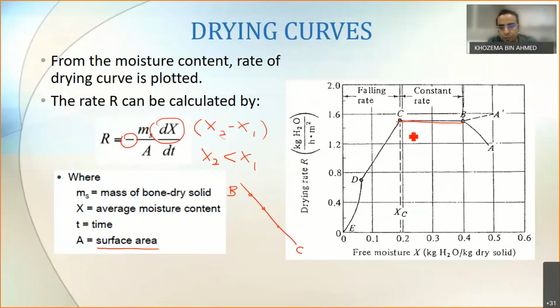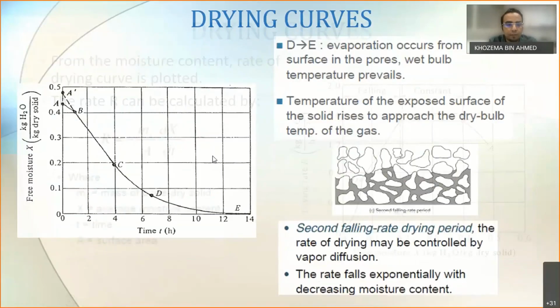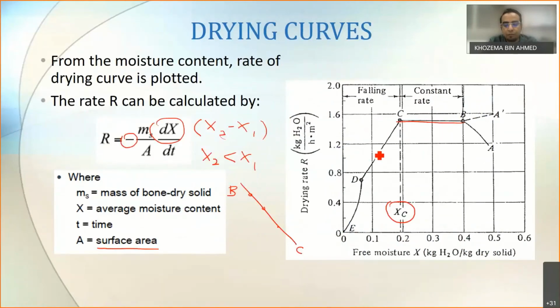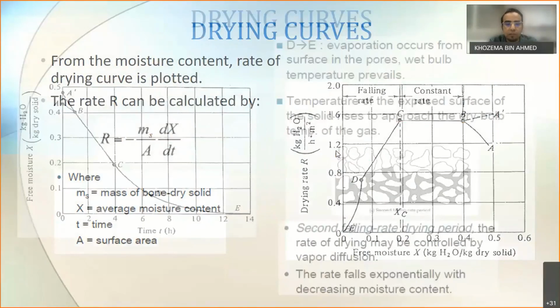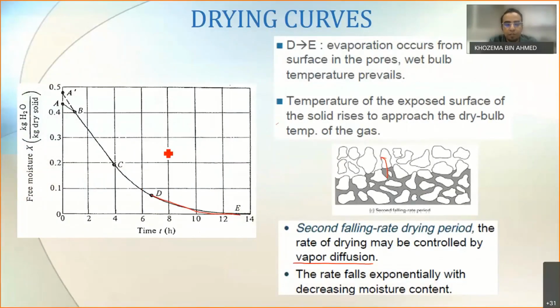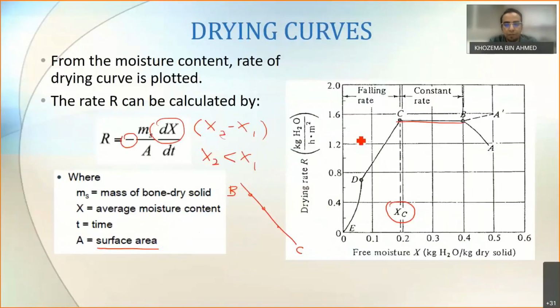And again here, we have labeled XC as our critical moisture content. So you must be able to convert your drying curve into your rate of drying curve, and you must understand the connection between your drying curve and your rate of drying curve.